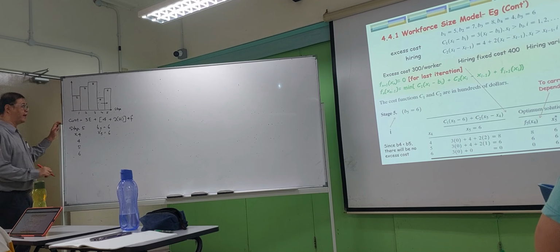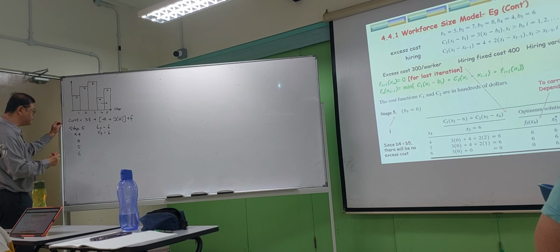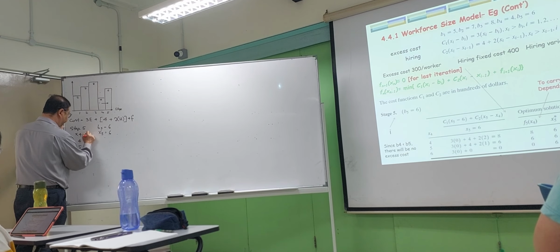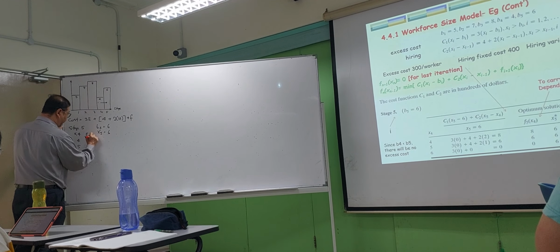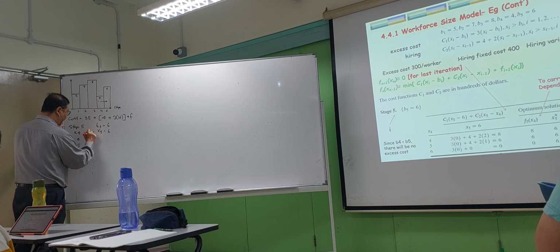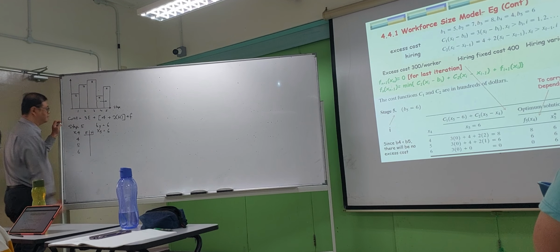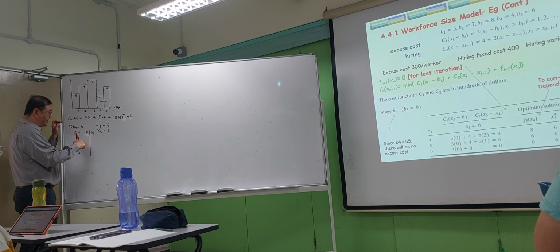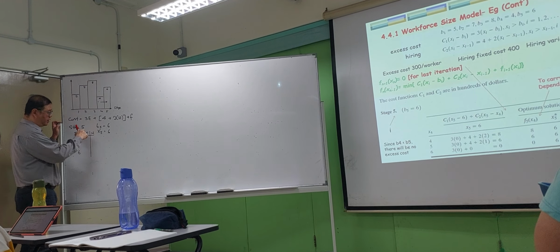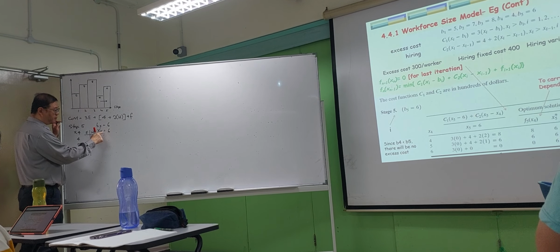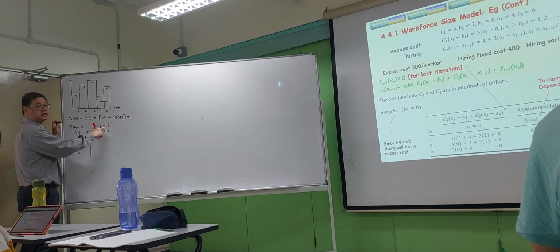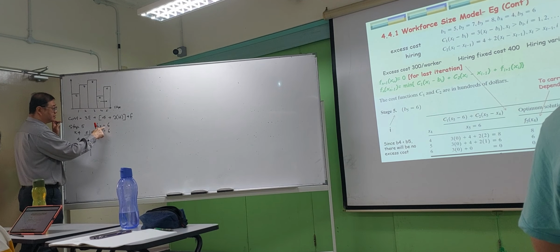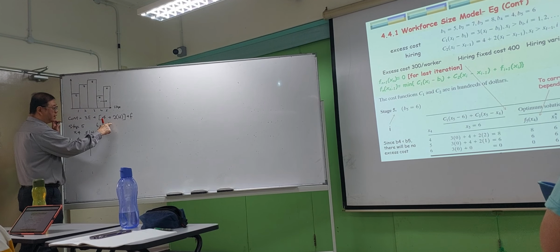Now here we do one extra step which is not shown here. We write down excess and higher. Now this value will be the same. This value is always the same. Why? Because you're comparing this and this. Now you need 6 workers.